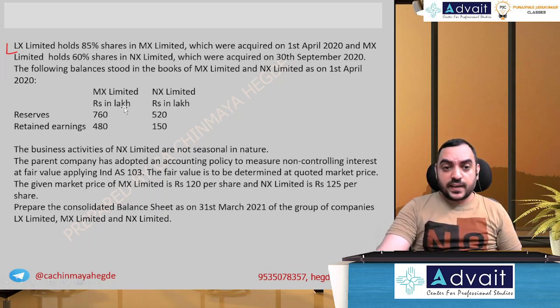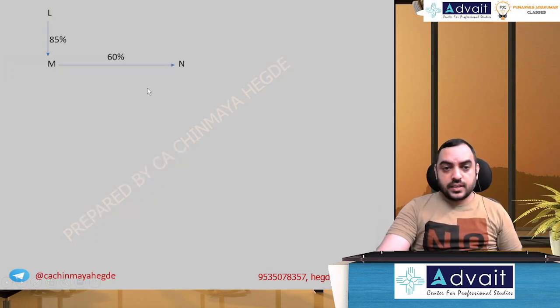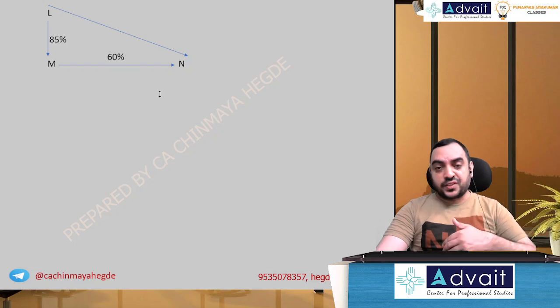But if you have to calculate L in N, you are going to multiply 85% of 60%.